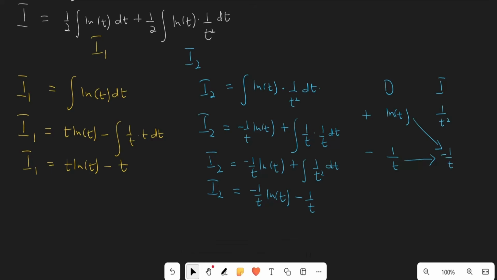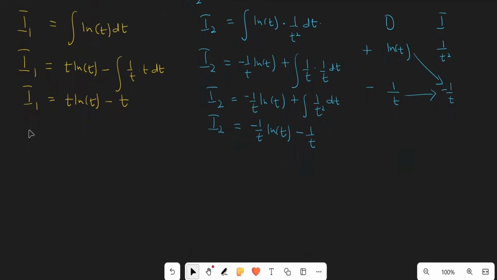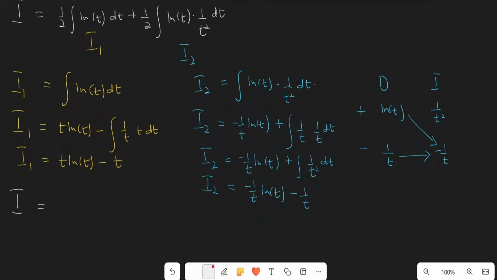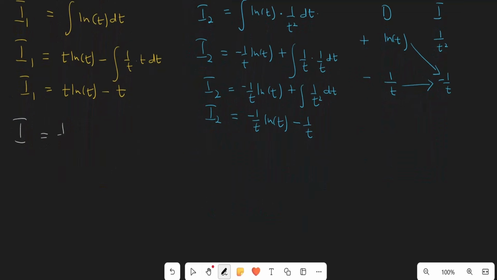Now we can sum them. You see that I is equal to half times I1 plus half times I2. So 1/2 times I1, which is t ln of t minus t, plus 1/2 times I2, and I2 is negative 1 over t ln of t minus 1 over t. You are done.